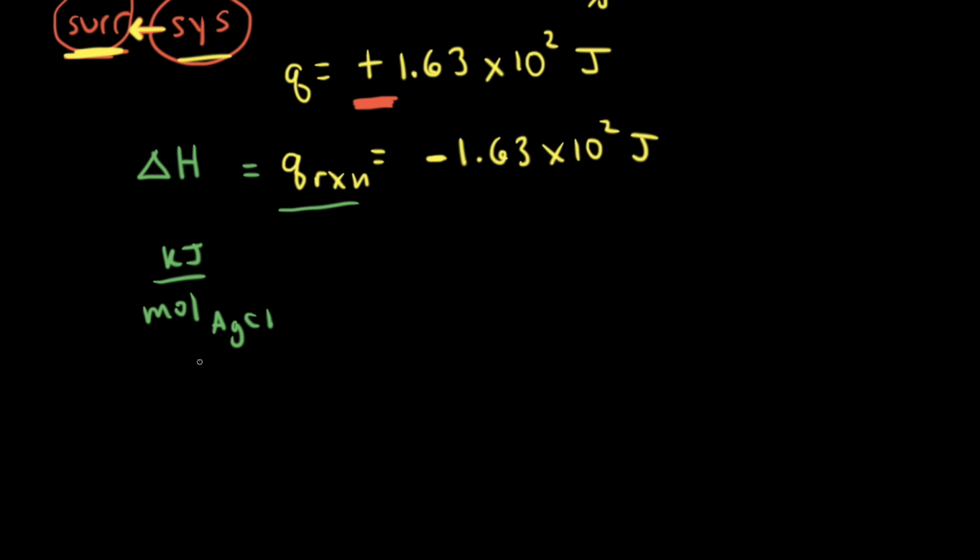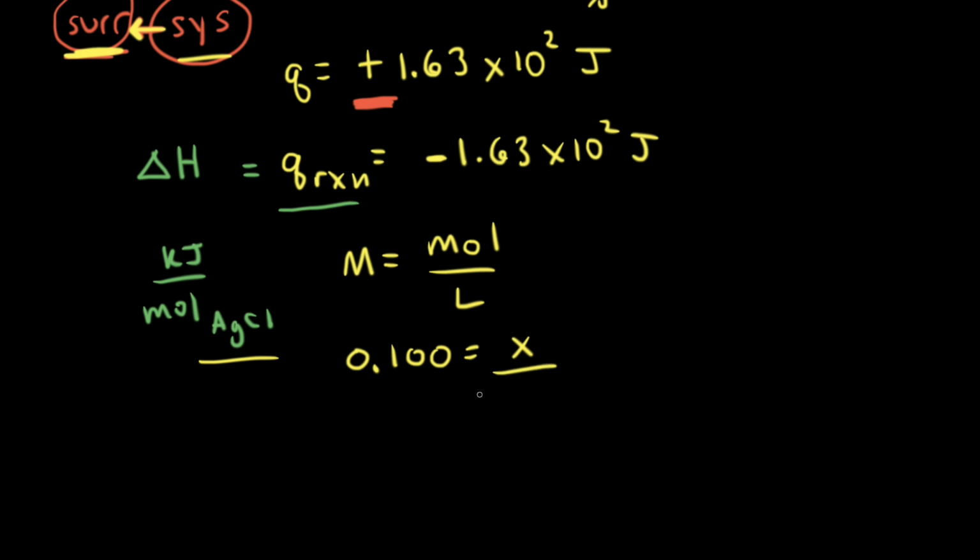Since silver chloride is one of our products, we first need to find moles of our reactants. And we're going to do that using the molarity equation, which says that molarity is equal to moles divided by liters. For our silver nitrate solution, the concentration was 0.100 molar. And we're trying to solve for moles, so that's x. The volume of our silver nitrate solution was 25.0 milliliters, which is 0.0250 liters.